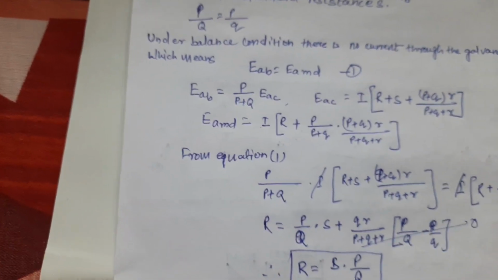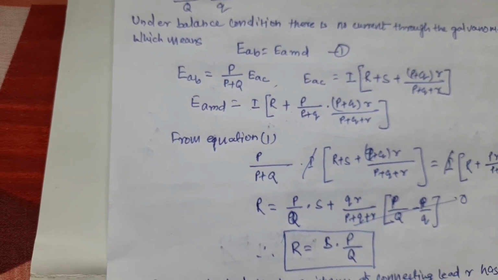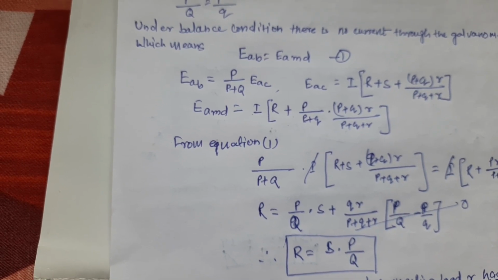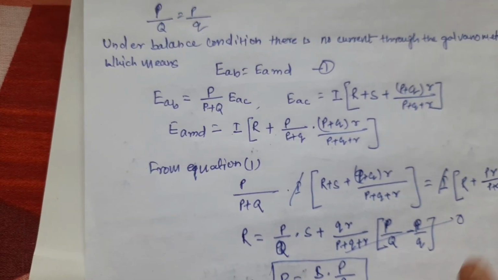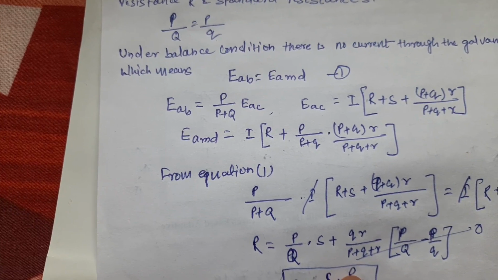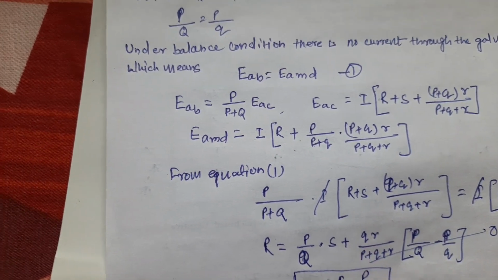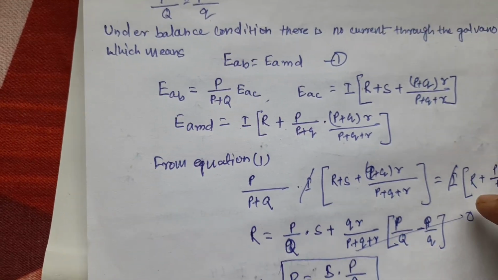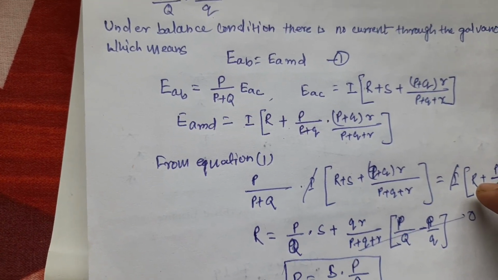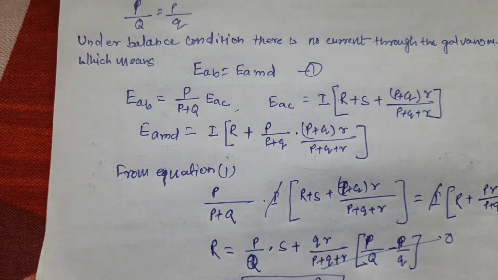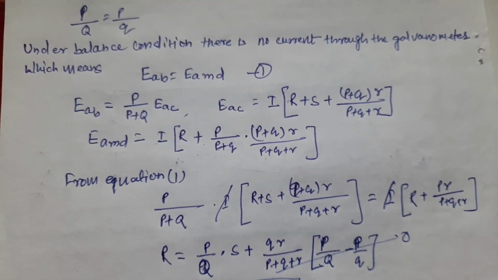So from equation number 1, the voltage across EAB is equal to AMD. If you put EAB equal to capital P by P plus Q into EAC, we know the value of EAC, so we put in its value and equate them.